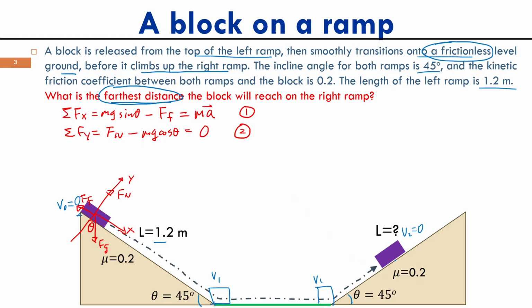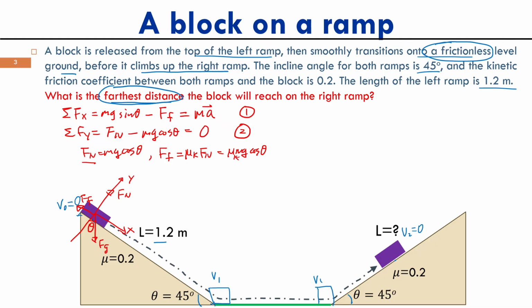And then from equation 2, we know the normal force is mg cosine theta. And because this is kinetic friction, we can find the kinetic friction directly from the normal force. So my kinetic friction force equals mu k times the normal force, which is mu k mg cosine theta, where mu k is the coefficient of kinetic friction.